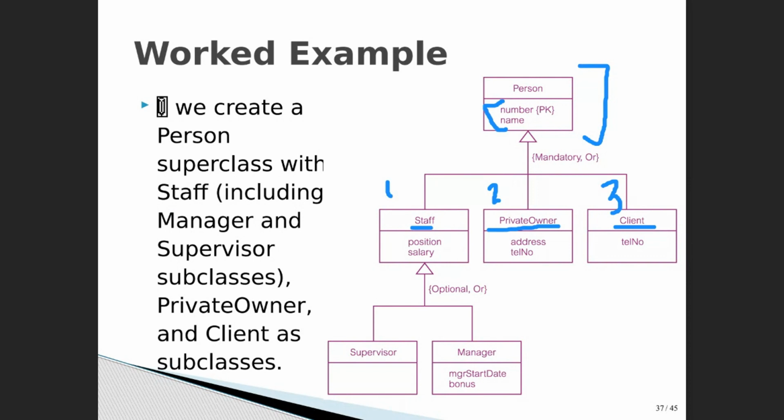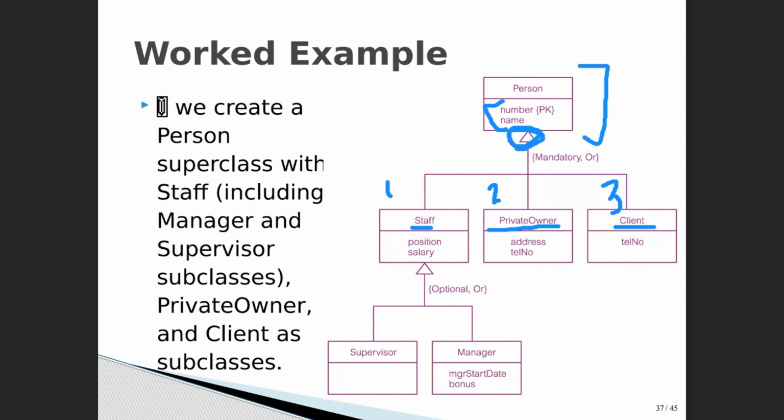Maybe this is applicable for a small enterprise which includes only these types of people who are users of the system. So we have this person as a superclass, and this shape will indicate the specialization and generalization.